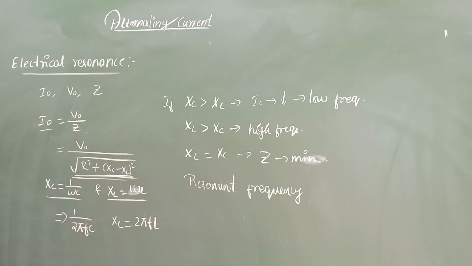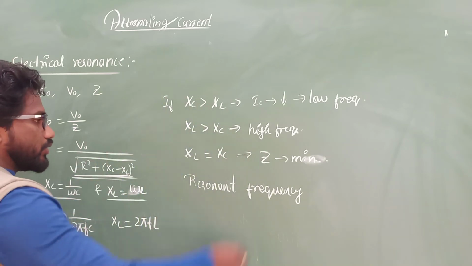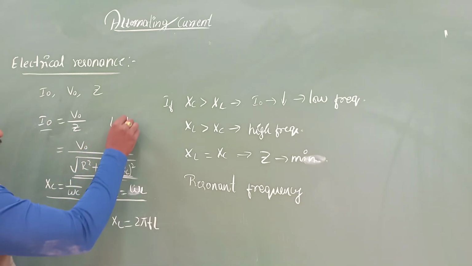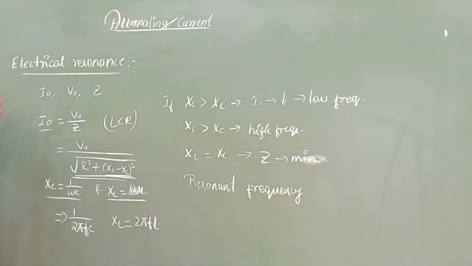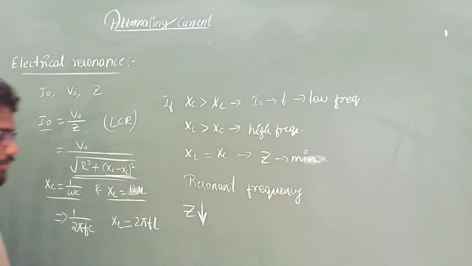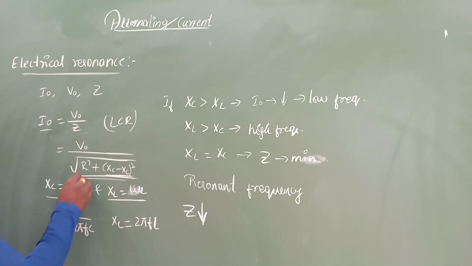So next, considering all these concepts together, we can conclude that in a series LCR circuit, I'll tell you how to plot the diagram, impedance Z value becomes minimum and current in the circuit, correct?